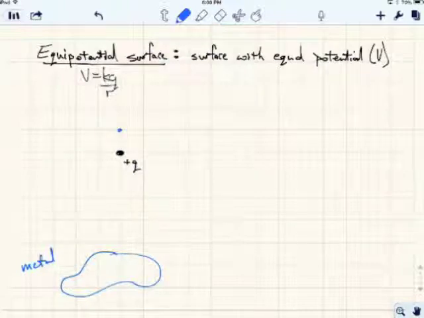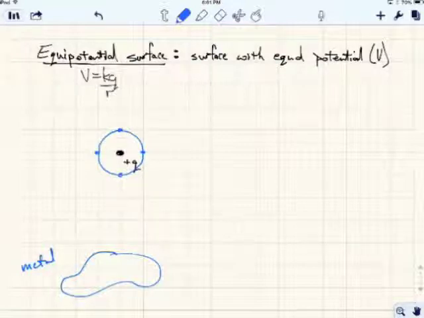So there's some amount of electric potential here that you would calculate by multiplying KQ times R. Now the distance at each of these points out here is exactly the same, so all of these points will have the same electric potential. And I can draw the surface. If you imagine this in 3 dimensions, this would be a sphere surrounding our charge Q. Every single point on the surface would have the same electric potential.